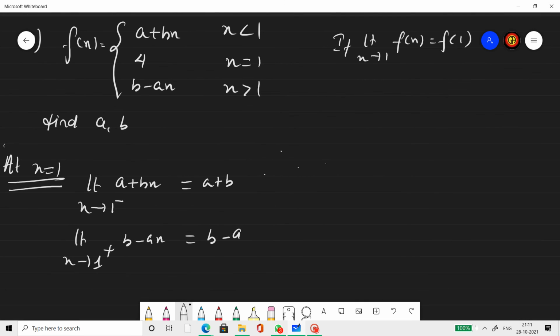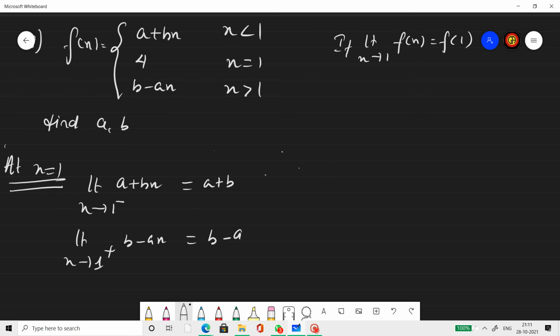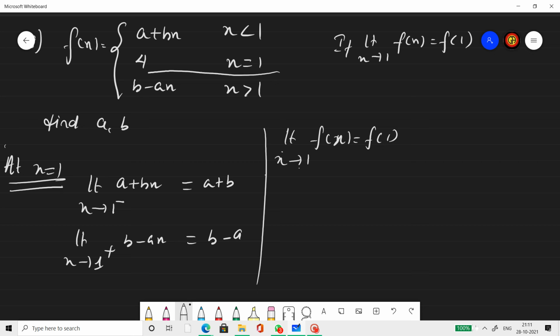We are not achieving a same answer here, but we have to find the value of a and b. It is said in the question that limit extending to 1 f of x is equal to f of 1. Now f of 1 value is 4. Hence, limit extending to 1 f of x is equal to 4.